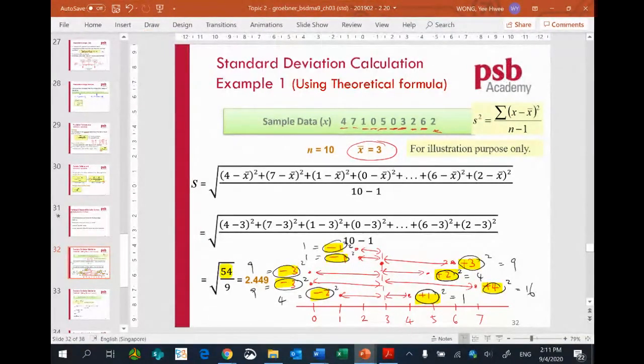It will be 54. Okay, now these 54 come from how many distances? From all the data points you have. So there are 10.